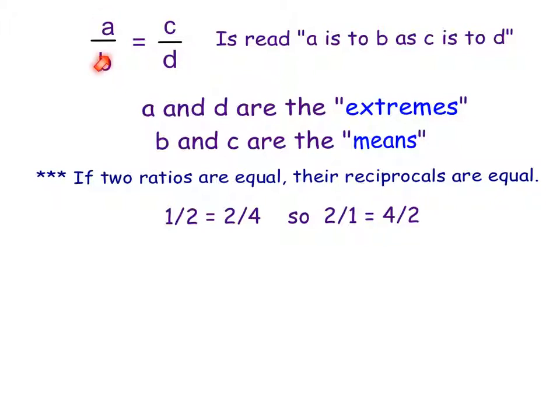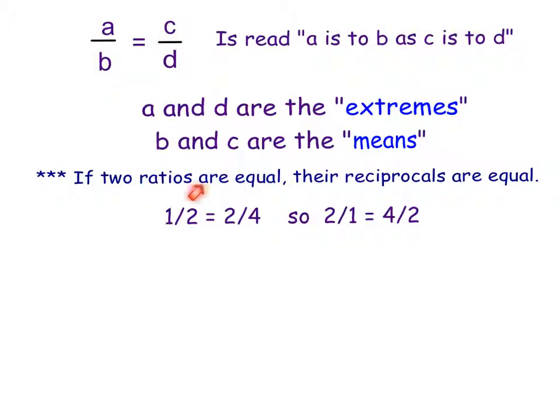Puppies are to dogs as kittens are to cats. So that whole analogy. And so here we read it, A is to B as C is to D. A and D are called the extremes, and B and C are the means. So A, D are the extremes, B and C are the means.